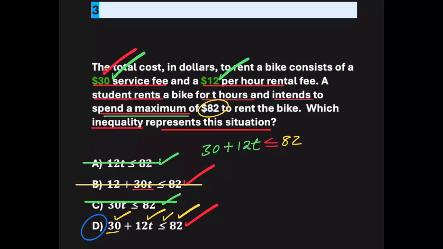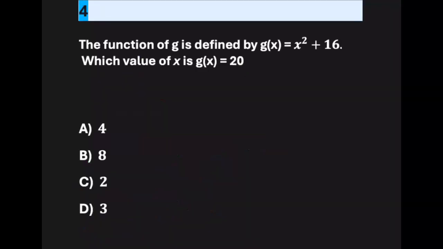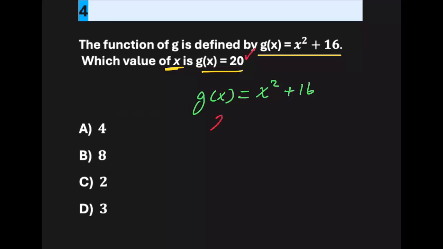Let's move on to number 4. For question number 4, we have this equation right here, and they're asking for the value of x. Let's write down the equation. We have g of x is equal to x squared plus 16, right? We have the value of g of x, which is 20. So we have 20 is equal to x squared plus 16. Now we're going to solve it for x.